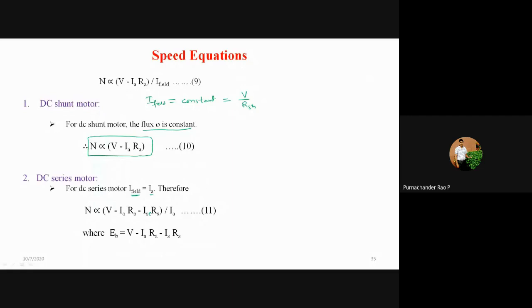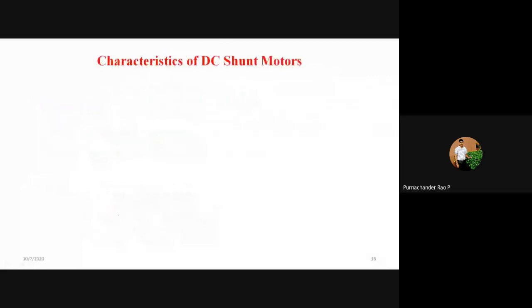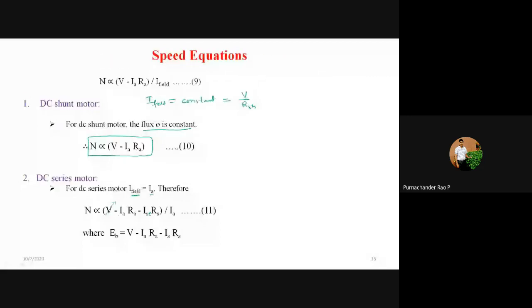With the help of the terminal voltage, the armature resistance, and the series field resistance, you can calculate the speed of a DC motor. So this is about the speed equations for shunt motors and series motors.